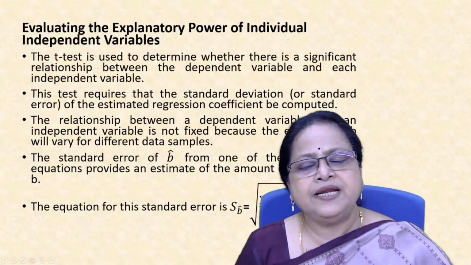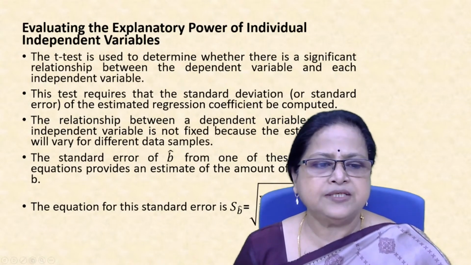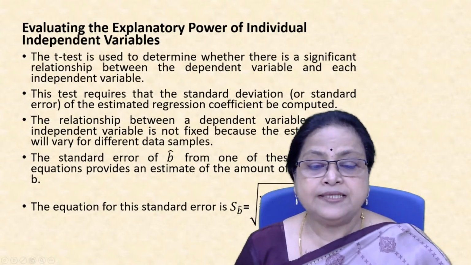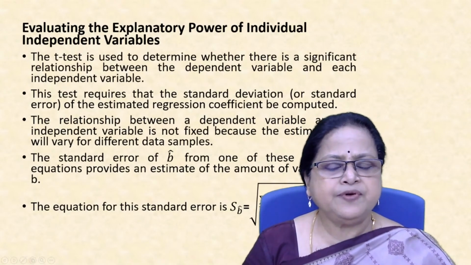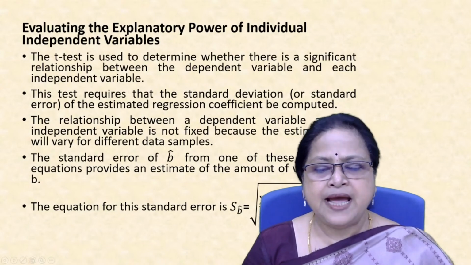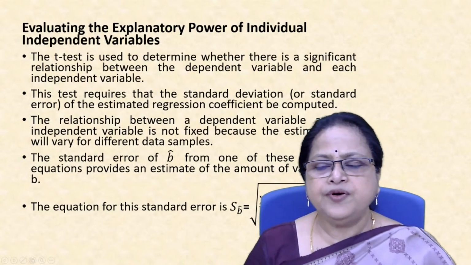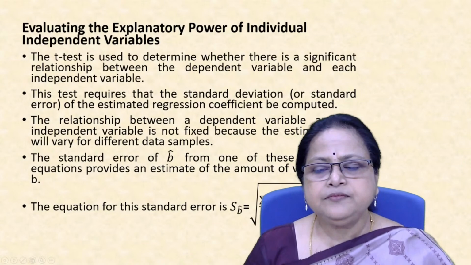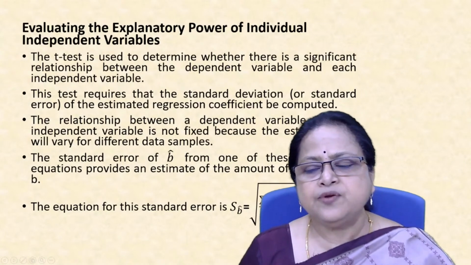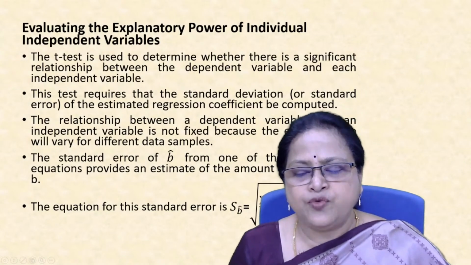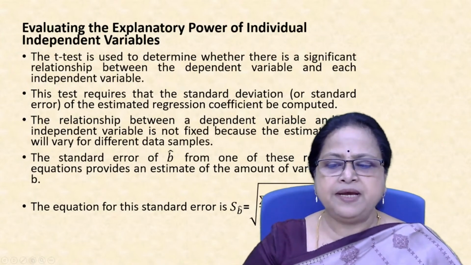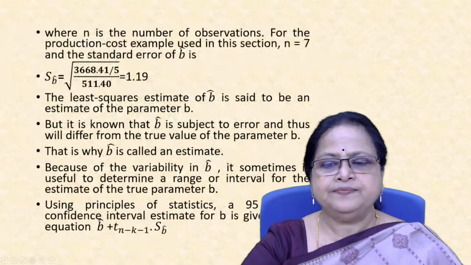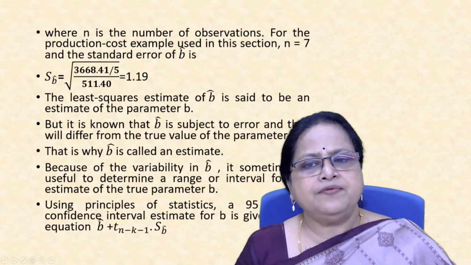The standard error of B hat from one of these regressions provides an estimate of the amount of variability in B. So the equation for this standard error of B hat is the root of a ratio. The numerator is summation yi minus y hat i square divided by n minus 2, and the denominator is summation xi minus x bar square, where n is the number of observations.